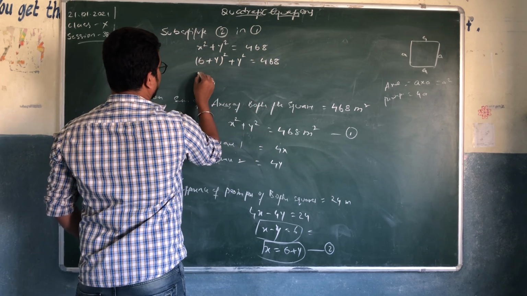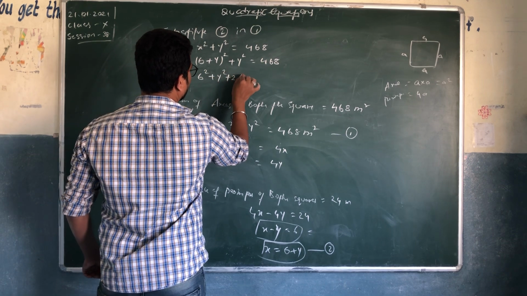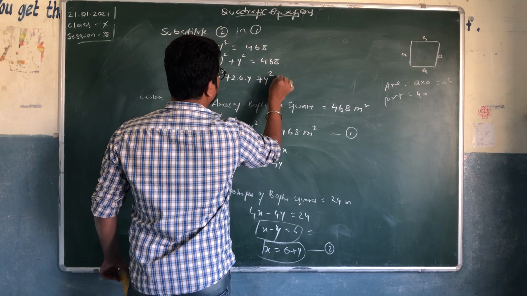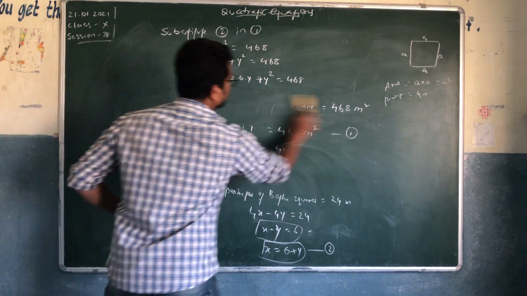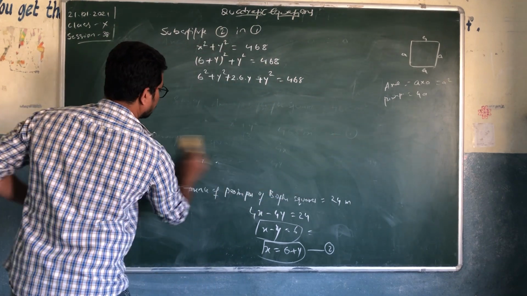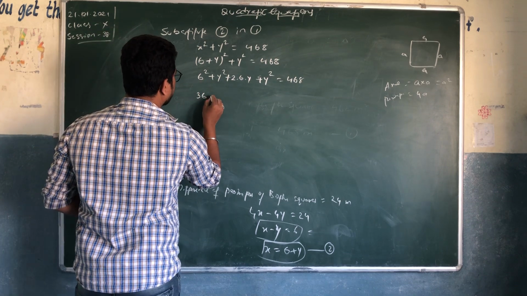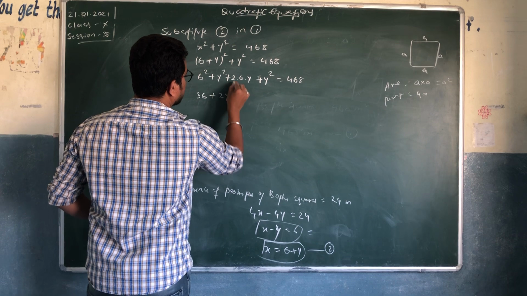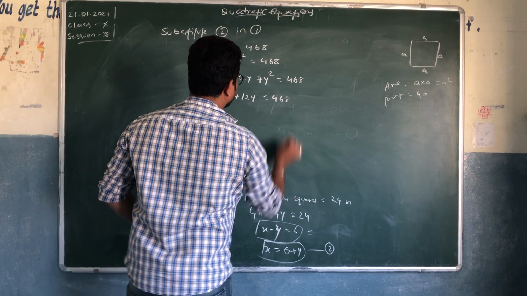(a plus b) whole square is a square plus b square plus 2ab. So 6 square is 36, plus y square, plus y square is 2y square, plus 2 times 6 times y is 12y, is equal to 468.